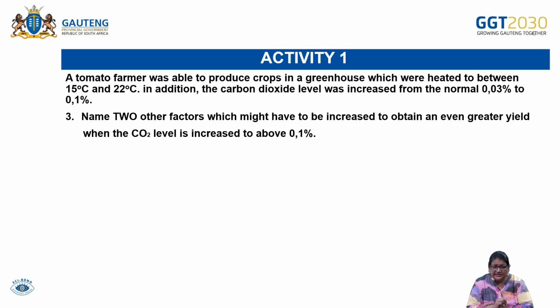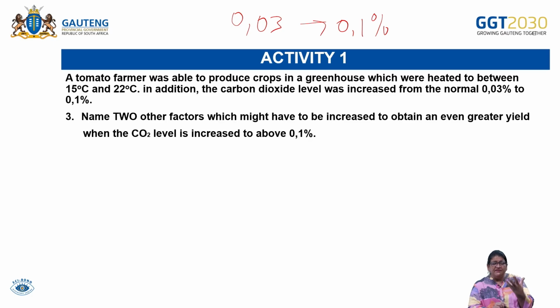They are asking you, if I increase the CO2 level from 0.03 to 0.1, I'm increasing photosynthesis. I'm also increasing the amount of glucose produced by the plant, and that glucose is going to be used to produce more fruits. Right. Now, what else can I do?